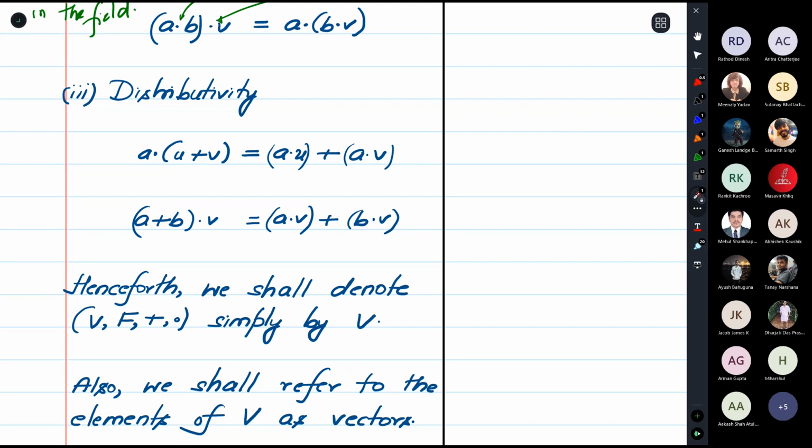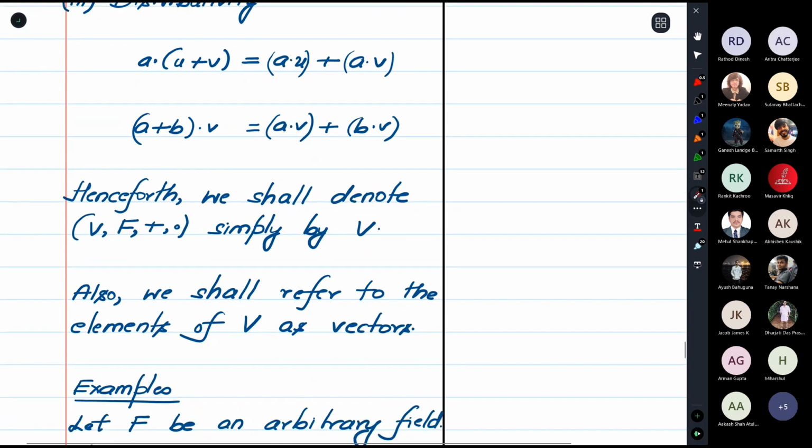And while mathematicians try to be lazy or sloppy, they always try to ensure that the reader is able to unambiguously interpret what is written over here. So this addition cannot be vector space addition because these elements are from the field, right? And similarly, this cannot be field addition because these are elements from the vector space. Is this okay?